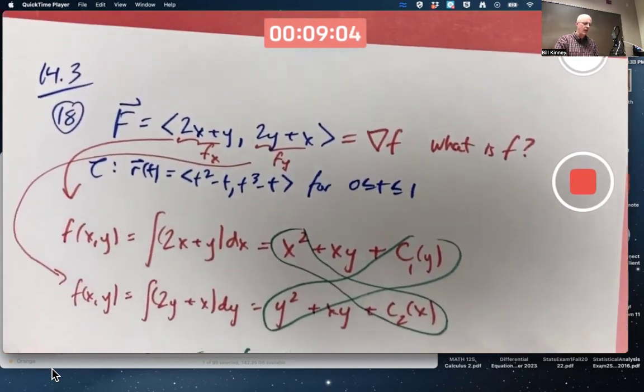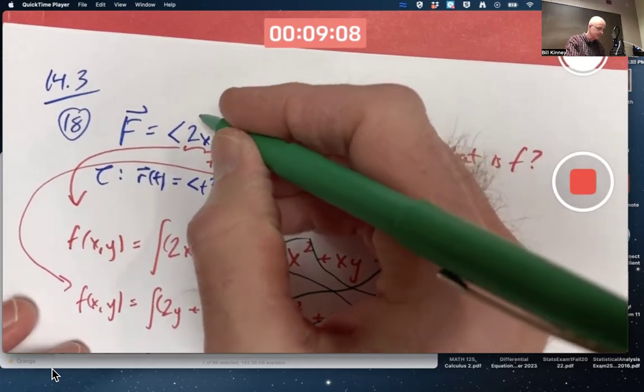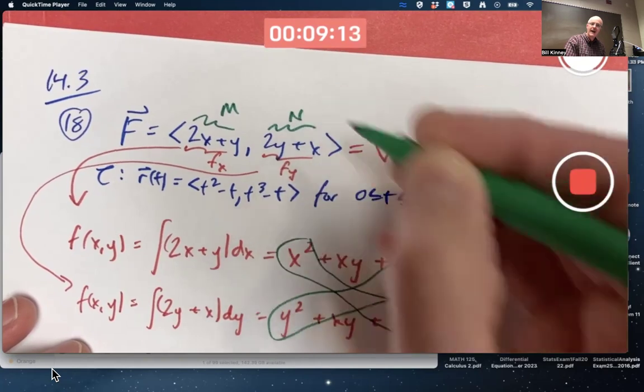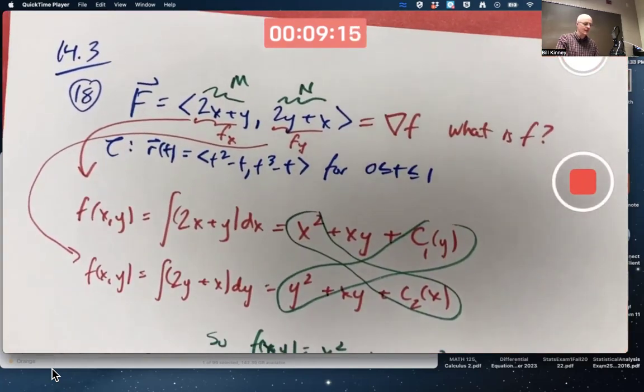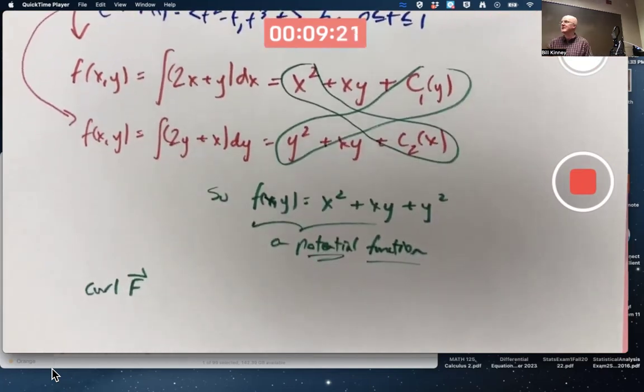But is there a way to figure out whether this has got a potential function ahead of time? Yeah, you can use the curl. Call that capital M and that capital N. The scalar curl of F, being a two-dimensional vector field, we can think of the curl as a scalar. You can also think of it as a vector. I reminded you of this, it's in the reading.